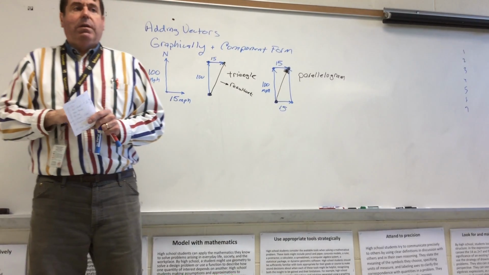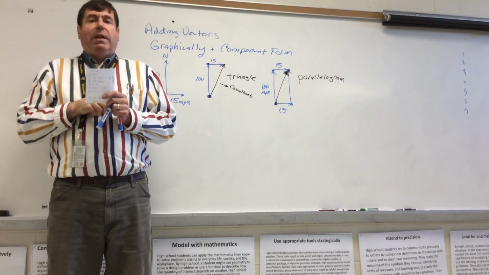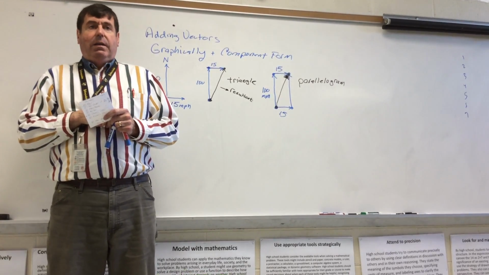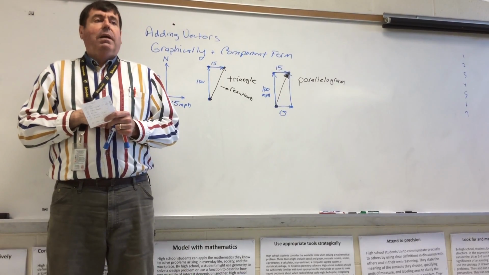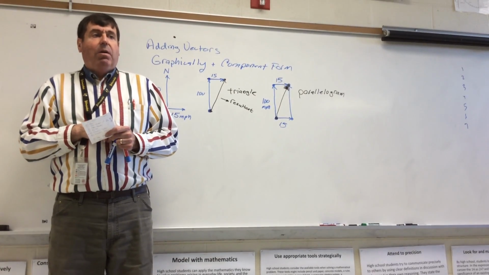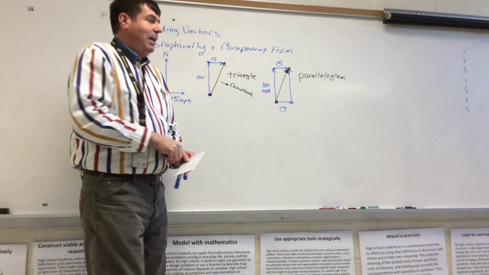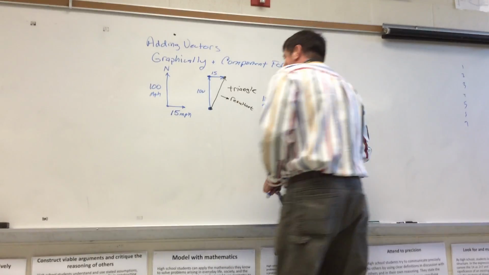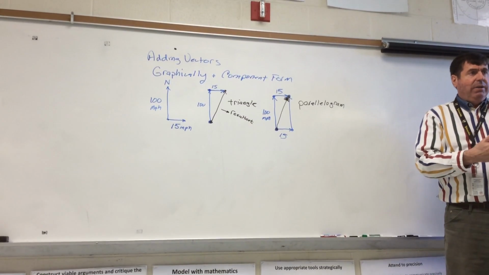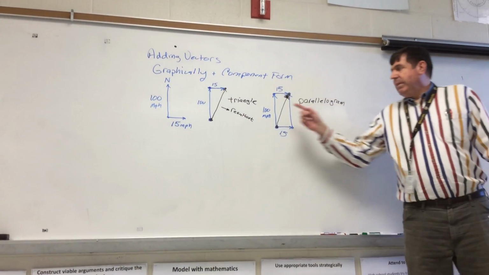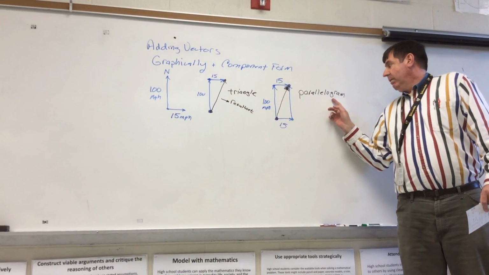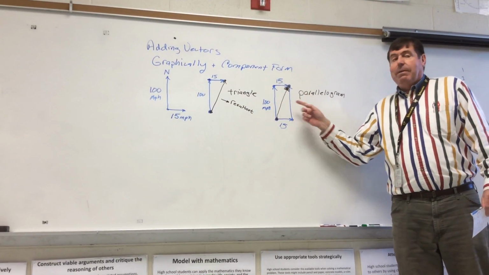Begins with the letter D. Diagonal. Okay. All right. So again, we're adding vectors graphically using the triangle method to find the resultant, or the parallelogram method to find the resultant.